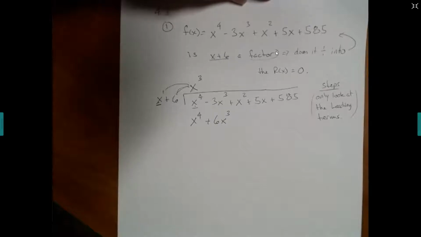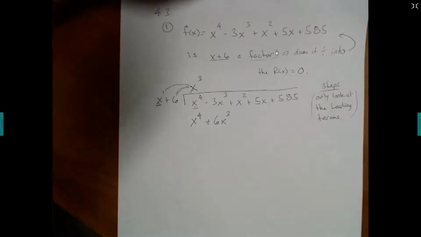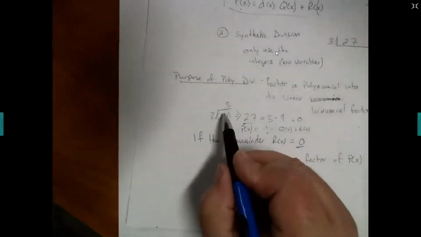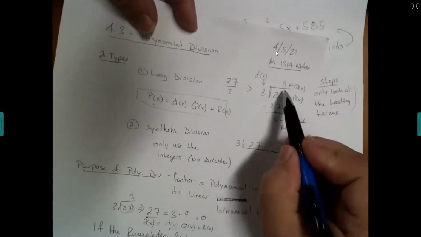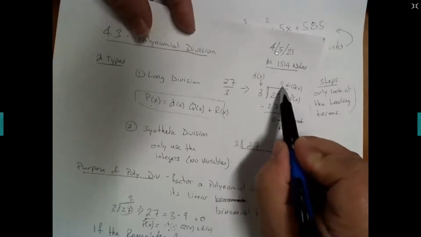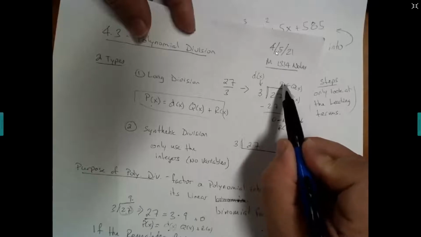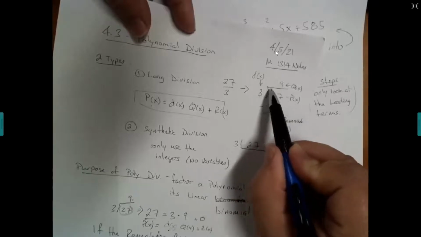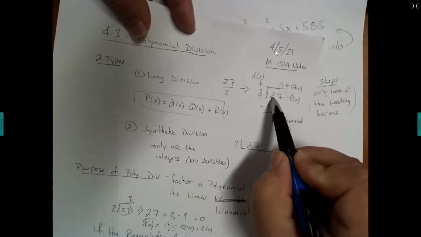Remember the example I gave earlier where 3 goes into 27? After I found 3 goes into 27 9 times, what do I do next? I took this number times that. So 9 times 3 is 27. That's what I just did. Now I subtract them.